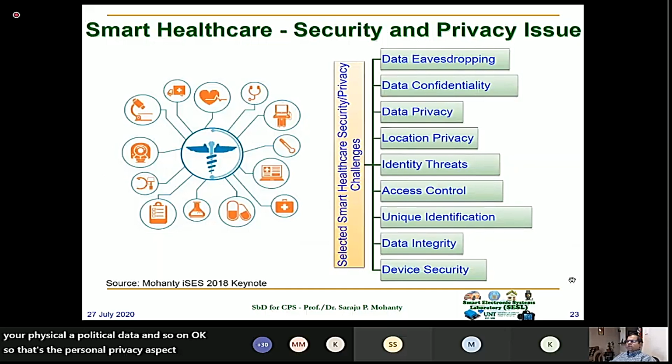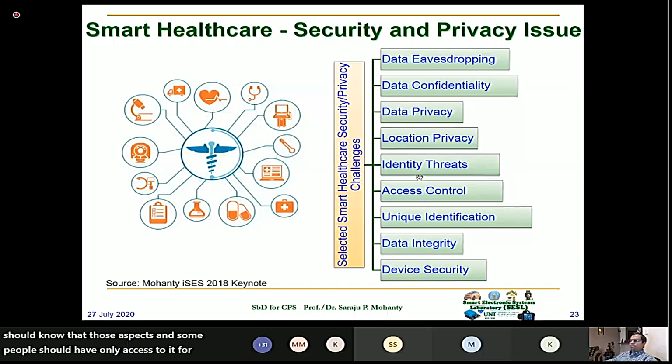Now, when we see a specific CPS, for example, a smart healthcare CPS, that is HCPS, we have the data aspect. Everybody is worried about keeping their data, healthcare data in particular, confidential, so nobody else should know, and only some people should have access to it.